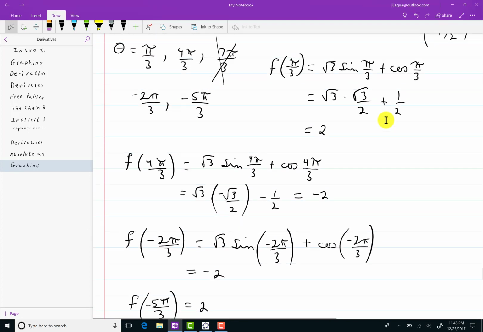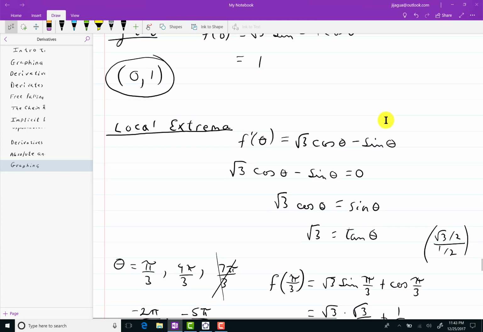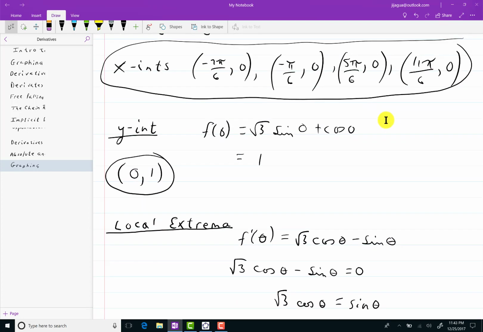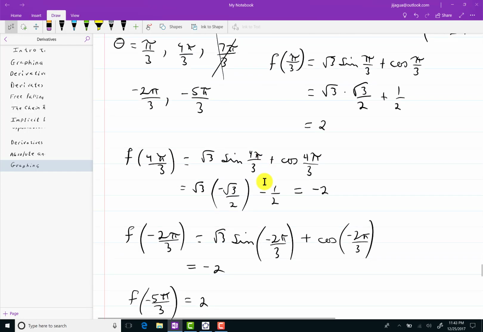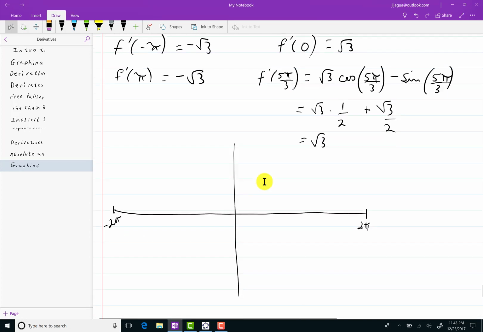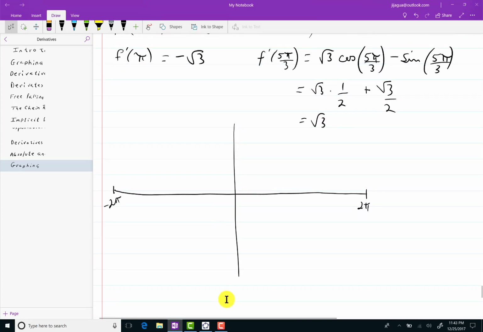The x-intercepts, what were they? At a lot of pi over 6s, so negative 7 pi over 6, negative pi over 6. So negative pi is probably right about here. Negative 7 pi over 6 is a little to the right of that. And then negative pi over 6 I'll throw over here somewhere.